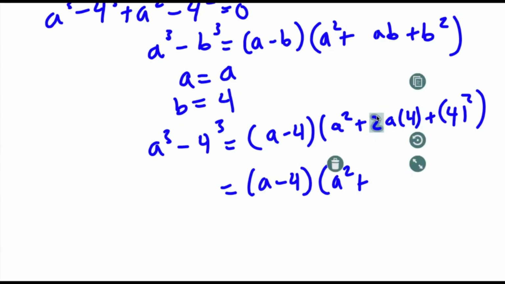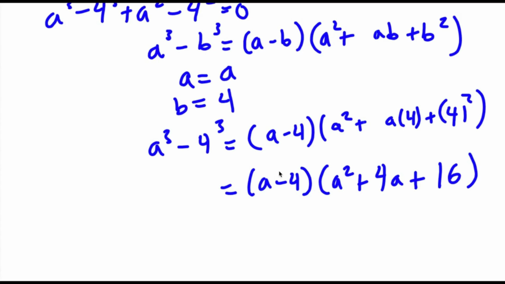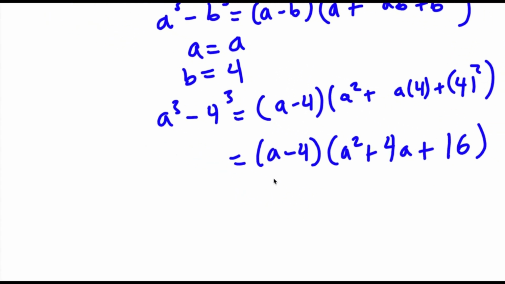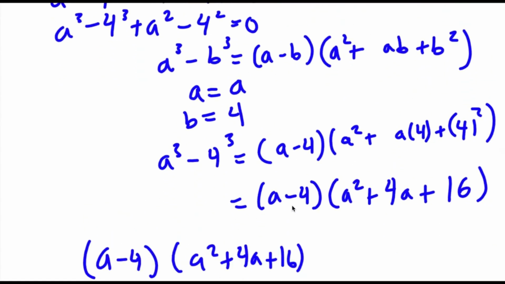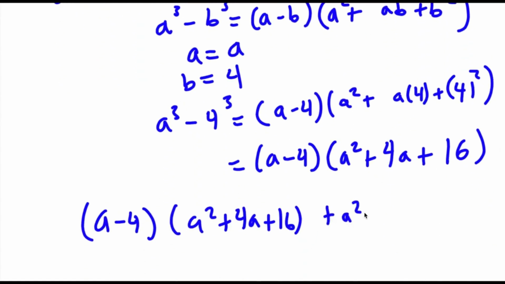So it's just going to be 4a plus 4 squared, this is 16. So now I have a minus 4 times a squared plus 4a plus 16 plus a squared minus 4 squared, and this is equal to 0.